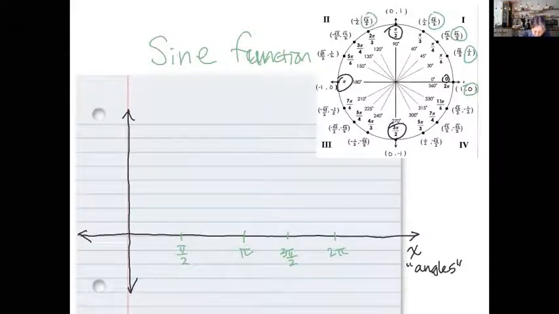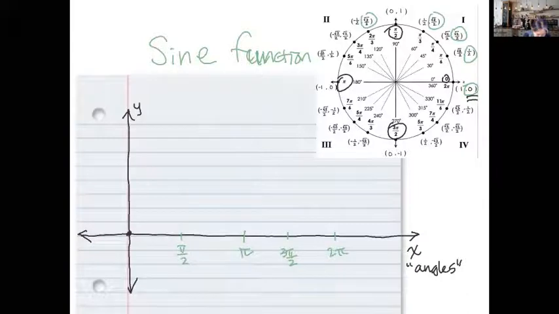When the angle value is 0, so I forgot to label this one, when the angle value is 0, right here, the sine value is also 0. So it's going to be 0, 0, right?